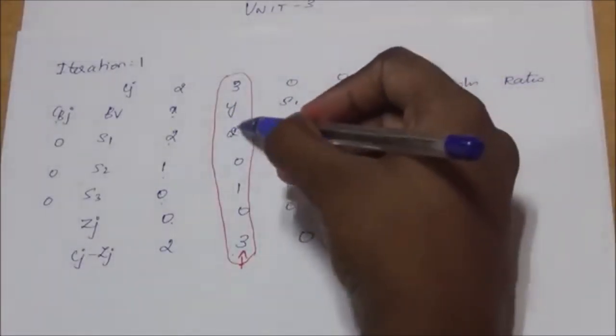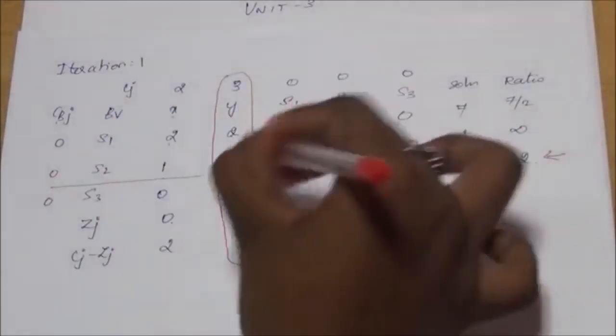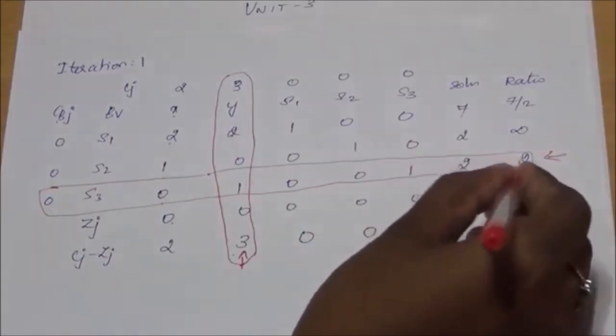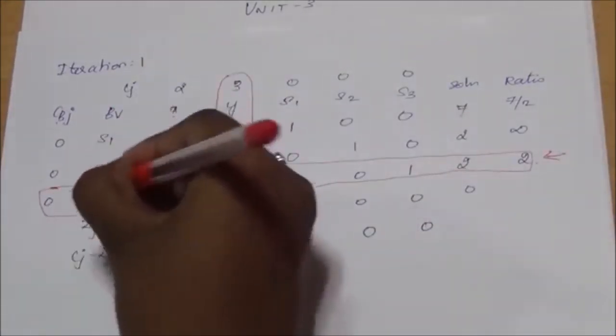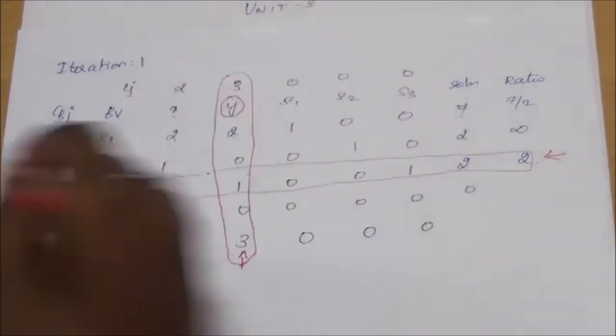For finding the ratio, we have to divide the solution column values with this pivot column values: 7 by 2, 2 by 0 is infinity, 2 by 1 is 2. In the ratio values, we have to take the least value, which is nothing but 2. So this will be the corresponding pivot row for this iteration. So here S3 will be the leaving variable and y will be the entering variable. So we have to continue this same iteration process.